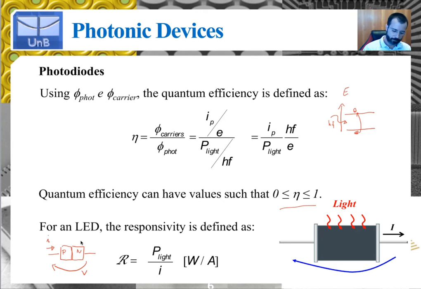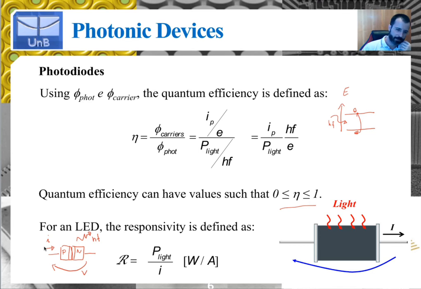The active region of the LED, be it a PN junction or a DHS, is going to emit light, it's going to emit photons, and therefore the responsivity here would be defined as the emitted power divided by the direct current, so in watts per amp. So the responsivity is power over current in this case.